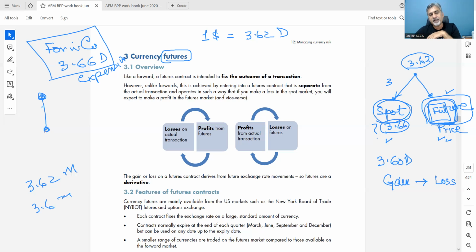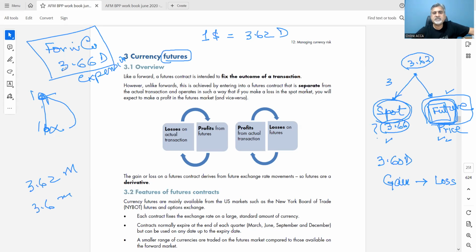Like in a forward contract, you don't buy dollars from the spot market. In a forward contract, I make a contract with Alpha. Alpha, you will deliver me $1 million. And then after 3 months, Alpha will come and Alpha will give me dollars. I'm not buying it from the open market. I'm buying it from Alpha, and Alpha will deliver to me. I don't care where the open market goes. So in a forward contract, it is always a one-to-one relationship.